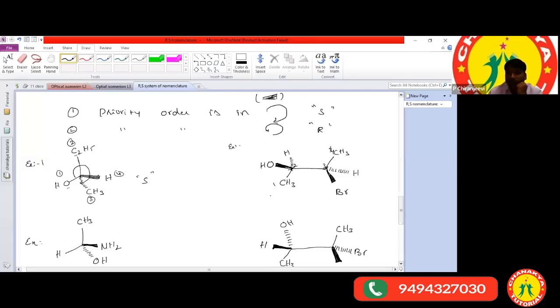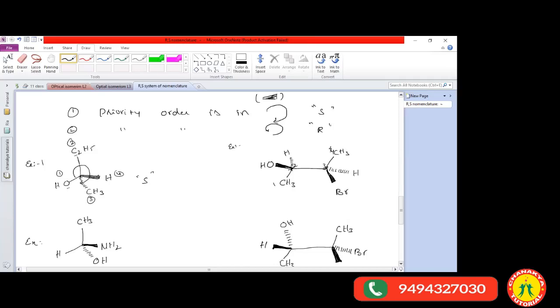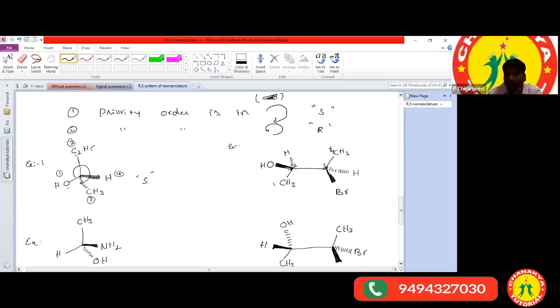Once again I am asking you, don't mind. At the second carbon atom, how can we give the priority order? For which one can we give the first priority, the second priority, and the third priority? This carbon is attached to OH, H, methyl group, and here a bulky group, carbon Br.